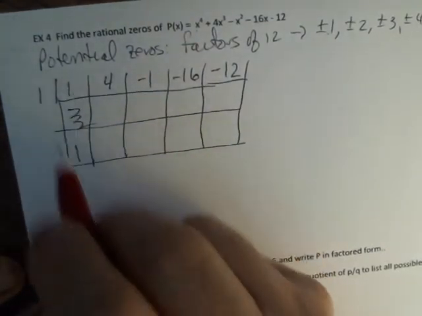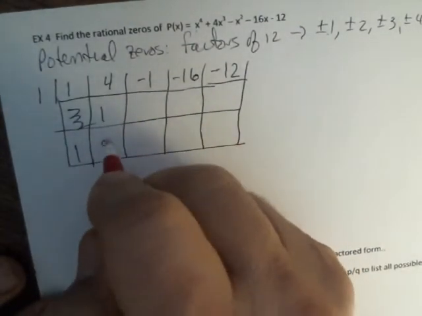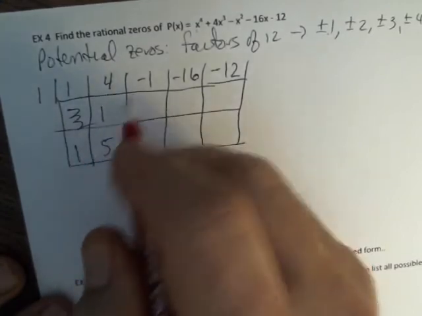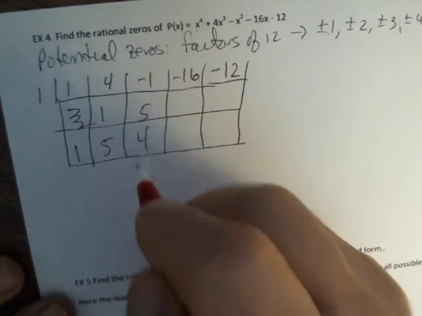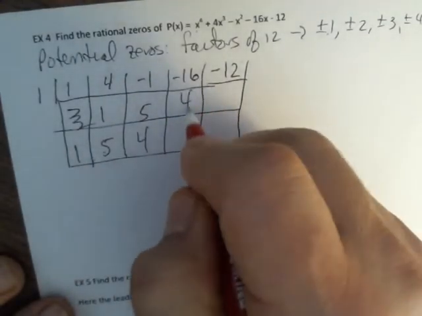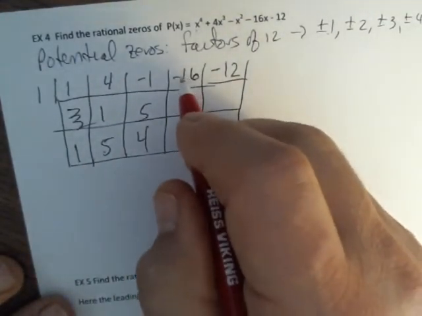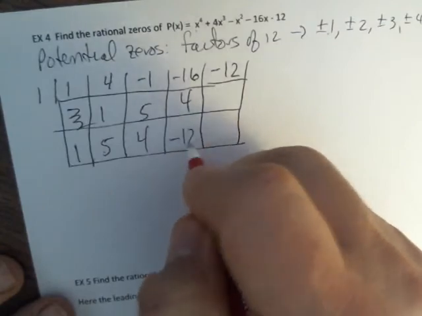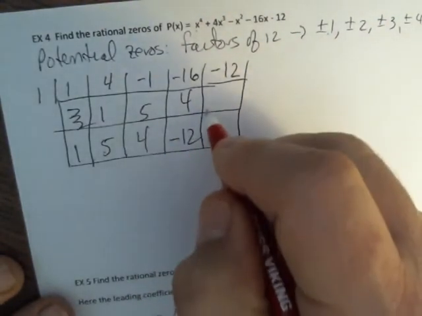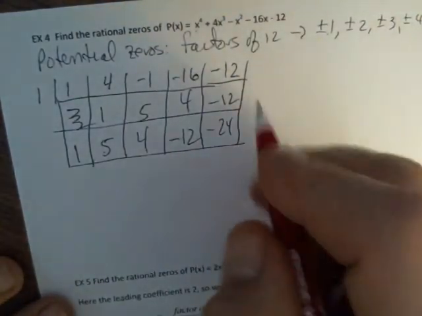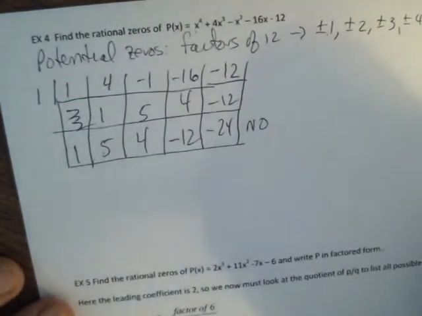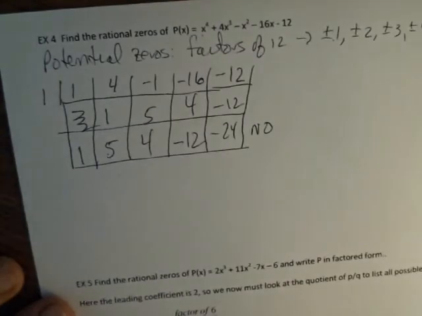So I bring down the 1, and I just go through my process. 1 times 1 is 1, add 5. 1 times 5 is 5. 5 minus 1 is 4. 1 times 4 is 4. -16 minus 4 is -12. 1 times -12 is -12. That gives me -24. So no, 1 is not a 0.